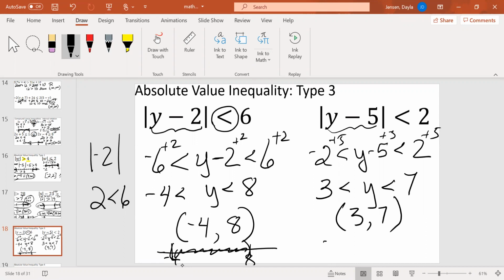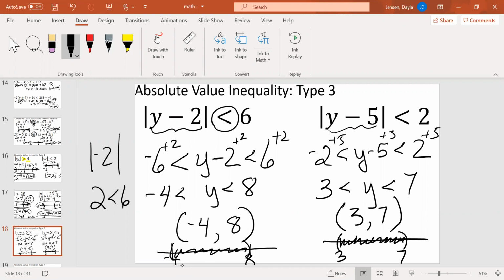Anything between 3 and 7, and I'm not including the endpoints because a value when I plug it back in will give me a value that's less than 2 after I take the absolute value. So what if I put a 4?